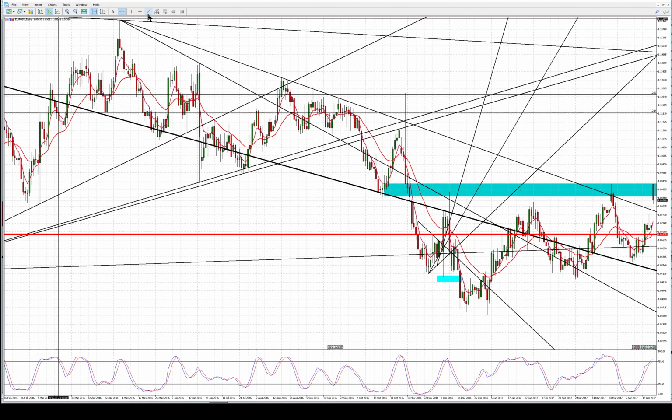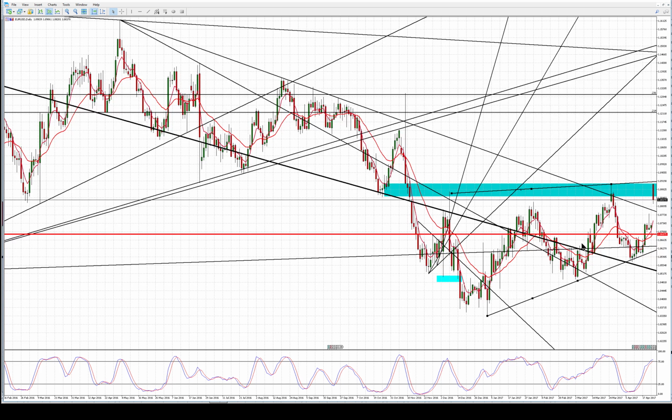This looks more like some type of flag situation, like that. And on the downside, something like this, where this would forecast from resistance a drop back down to the lows, and possibly at some point later a break below the lows.